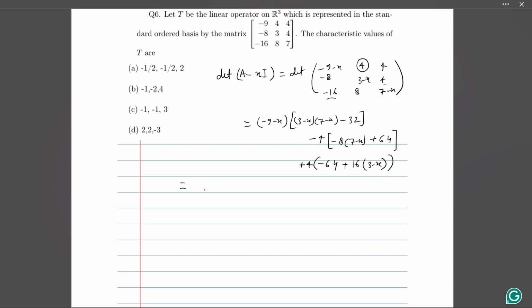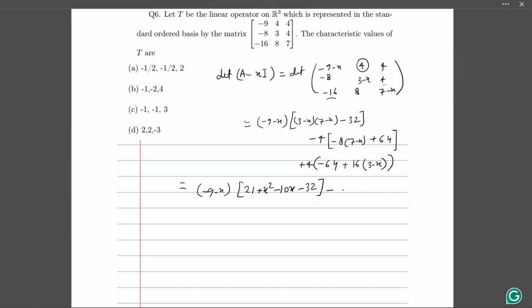So let me write here minus 9 minus x, and in the bracket, multiplying them, it becomes 21 plus x squared minus 10x minus 32.